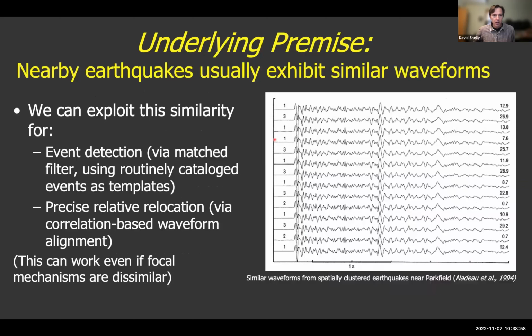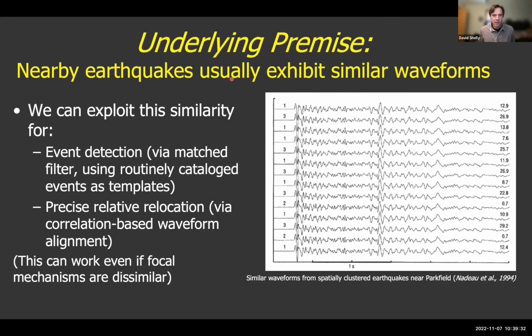So the work I'm going to be talking about today is earthquake detection, location, and at least toward the end, focal mechanisms, trying to get a sharper view of seismicity. And basically all of the work that I'm talking about is relying on this underlying premise that nearby earthquakes usually exhibit similar waveforms.